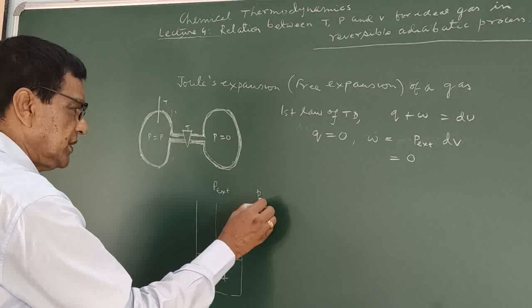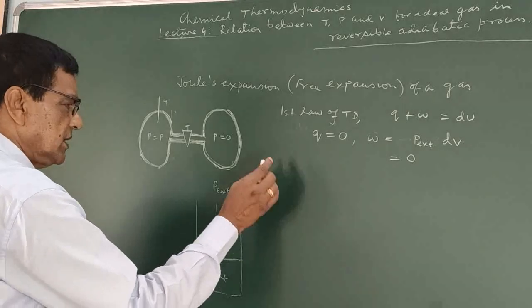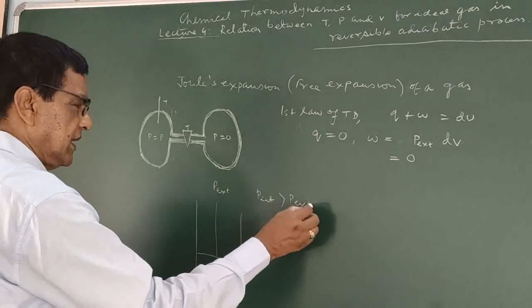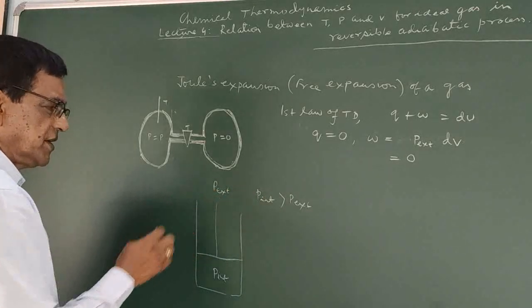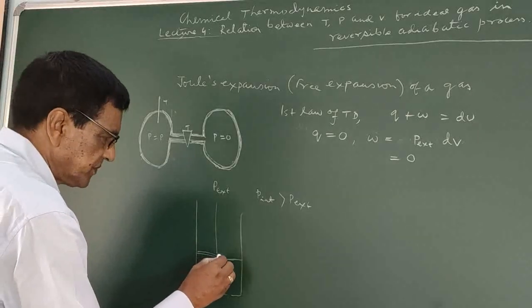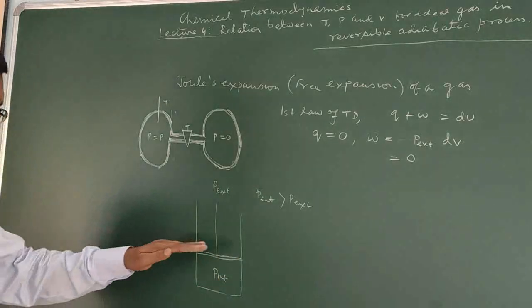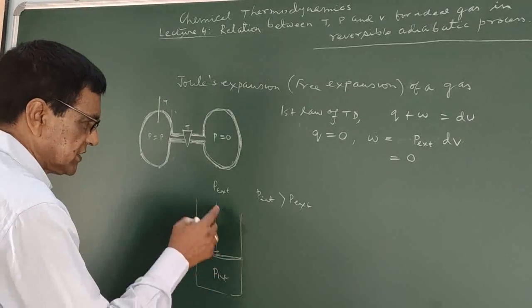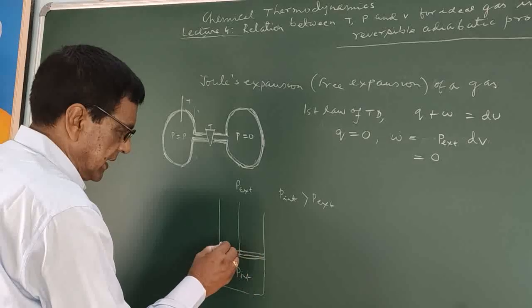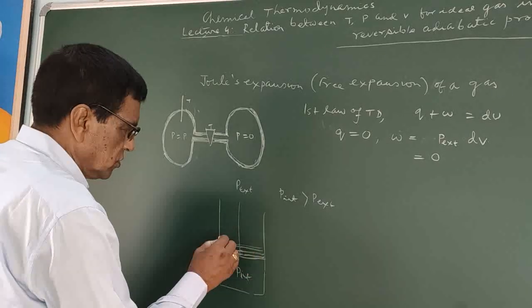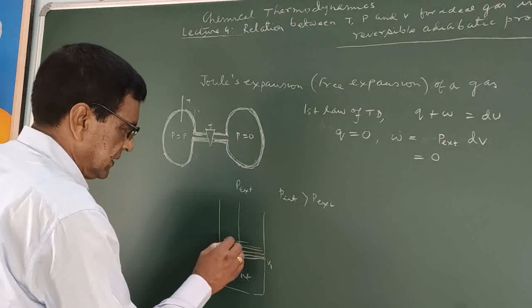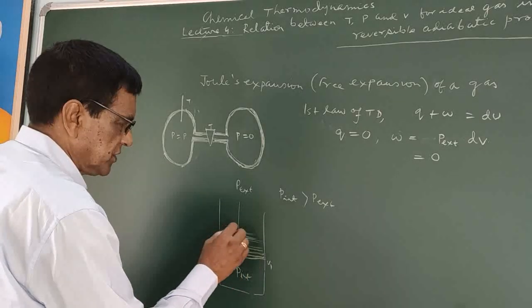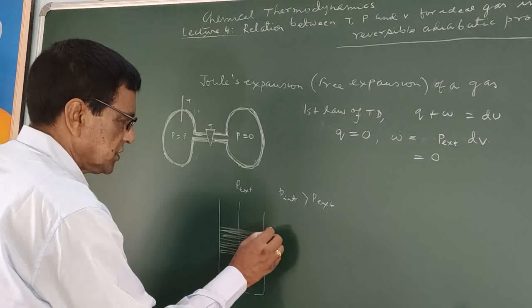Suppose P internal is greater than P external, and this is decreased slightly, and the piston moves to some extent, and there is a small volume change. Again, the external pressure is decreased, and the piston moves. And if it is V1, then ultimately in multiple steps or infinitesimally small steps, it will go to V2.